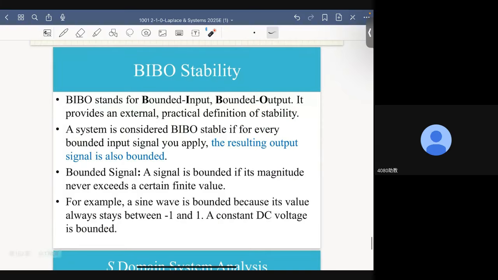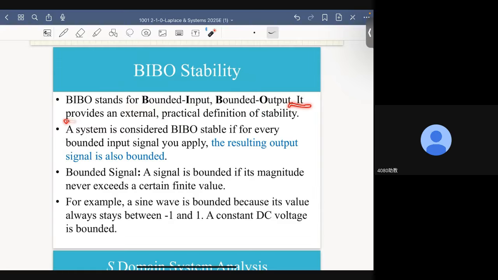Now, as I said in the beginning of this part of the course, which discusses stability, there is no single definition of stability. As a matter of fact, there are many different definitions. Another popular definition of stability is what we call bounded input, bounded output stability, or simply BIBO stability.